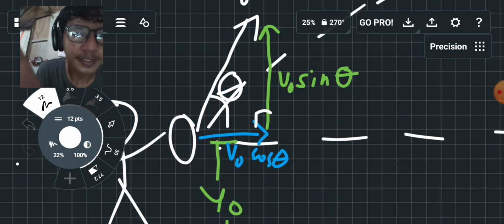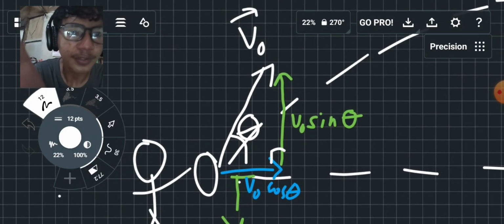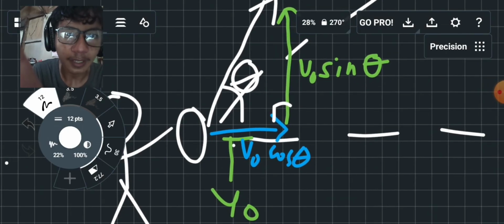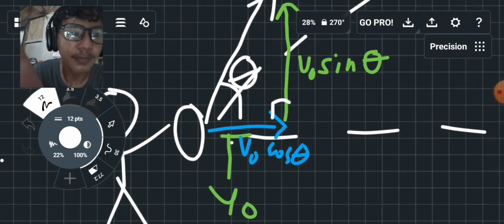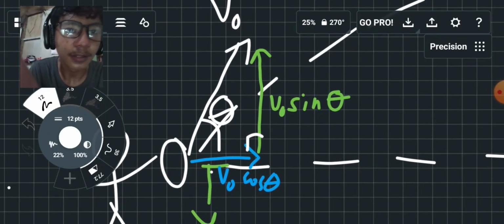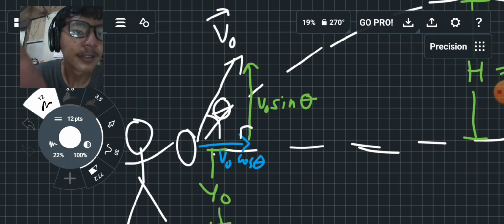We always start with our initial velocity and breaking down its components. In the x direction, we will always have v naught cosine theta, and in the y direction, we have v naught sine theta.